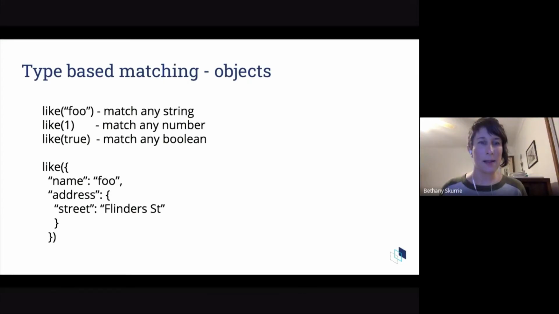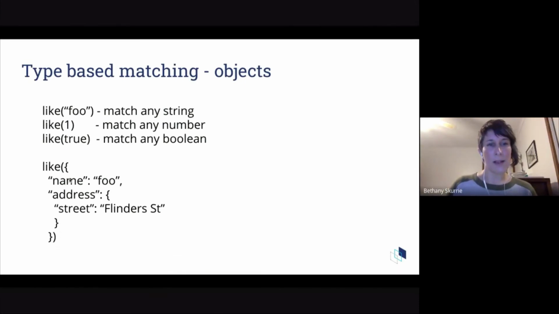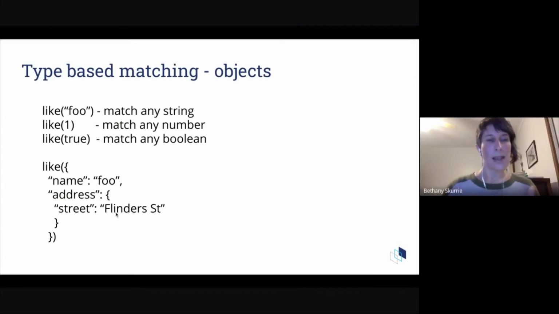Okay, so that will match an object, a hash, and it needs to have the exact keys, but each of the values will be matched using type-based matching. So that will flow down. This address object inherits the like from the parent. Once you've turned on the like, it flows all the way down.